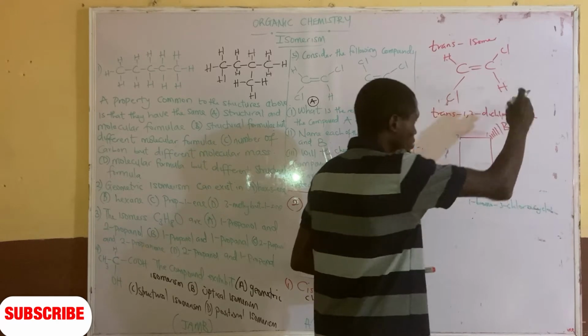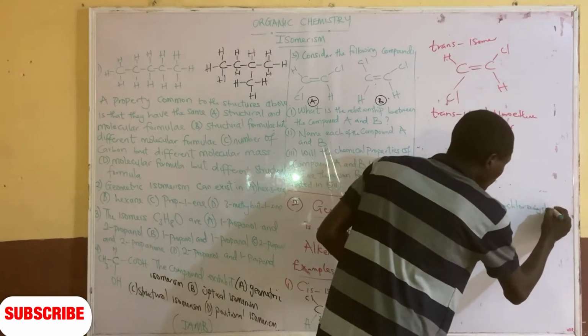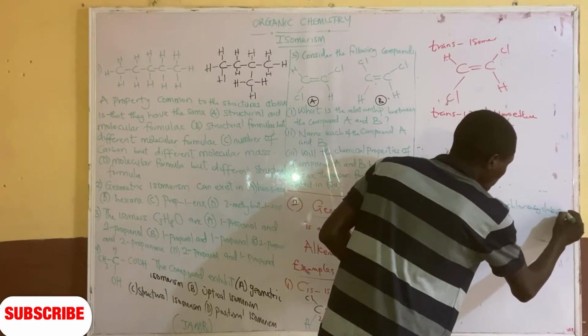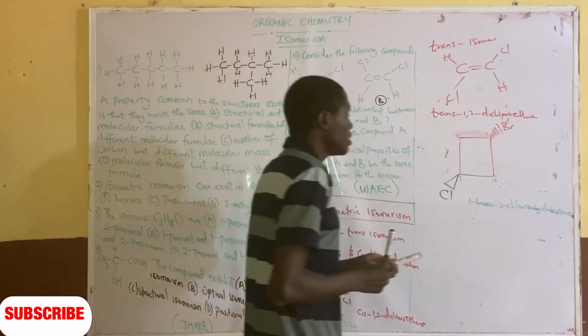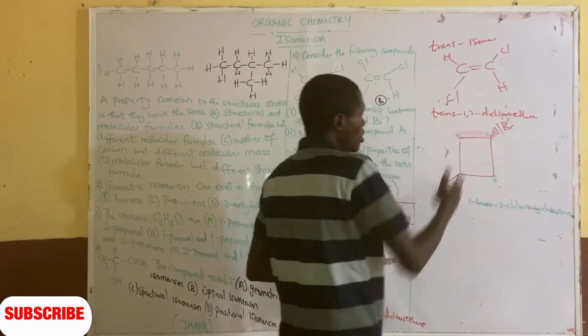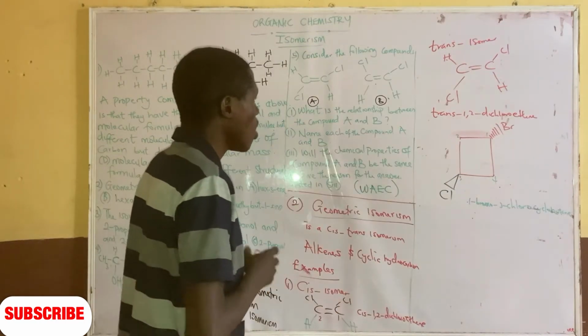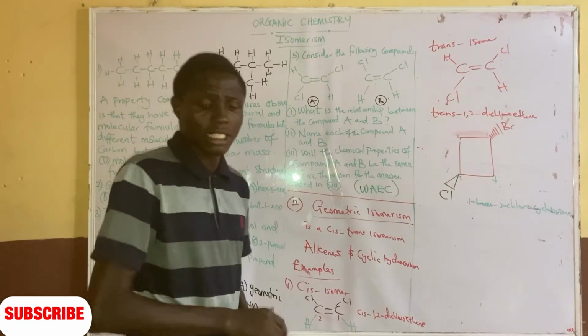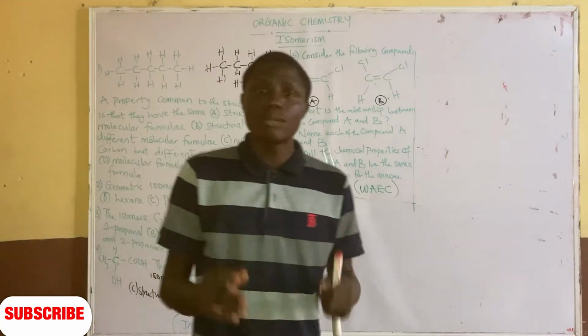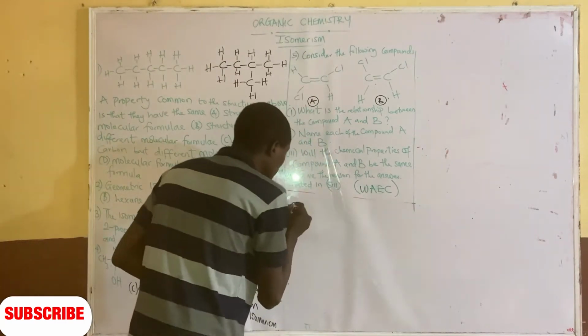The cyclo is for the cyclic, so cyclobutane, because of the four carbons. So this is also trans, as you can see it's on opposite sides. Now this is under geometrical isomerism. Now the third type of isomerism that we're having is called optical isomerism.